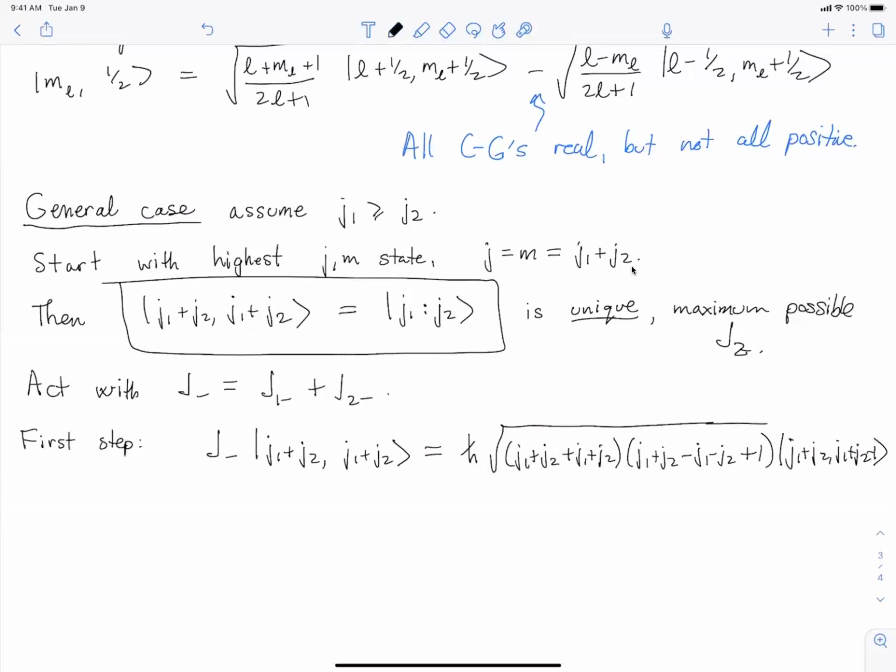Now, the nice thing is all of this stuff just goes to 0, and so this whole factor is just 1. The whole thing is just h bar square root of 2(J1+J2) times the state where we've lowered the M value by 1 unit.